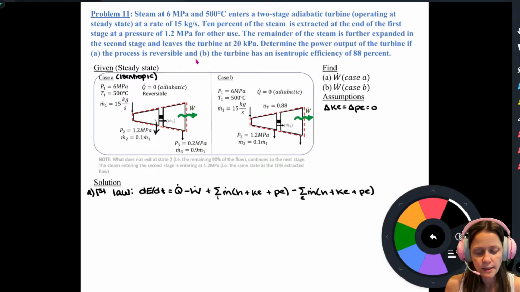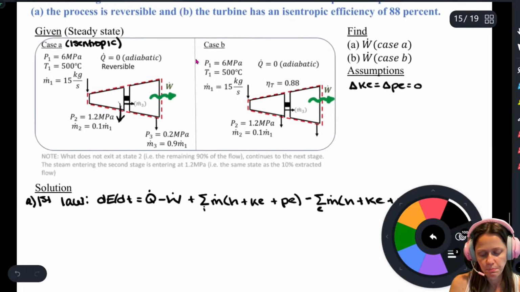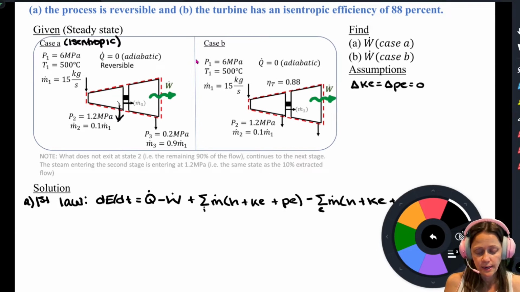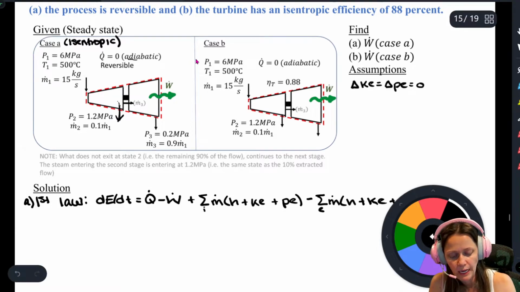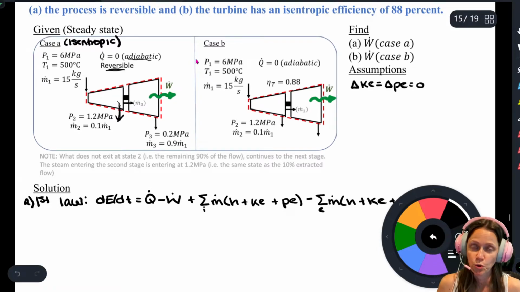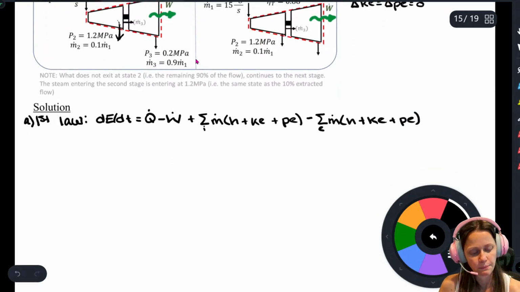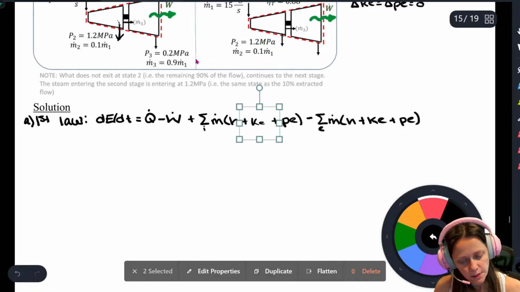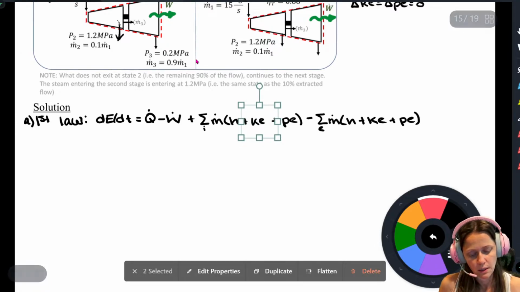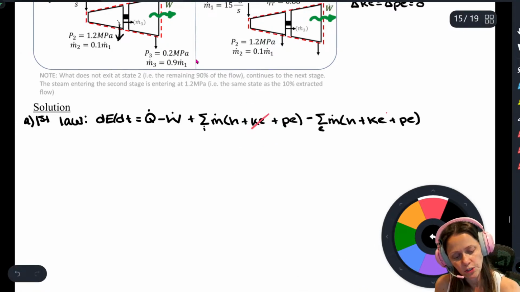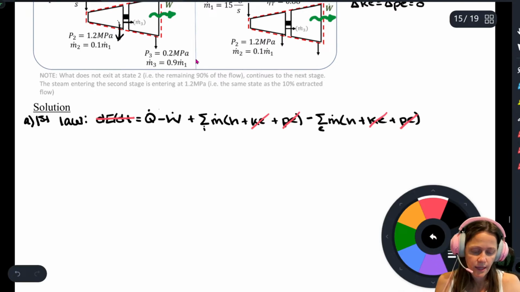The reason that we know that case A is isentropic is because it's both adiabatic and reversible. Those are the words that tell you that it is isentropic. All right, but let's go ahead. Let's ignore kinetic energy changes and potential energy changes. It's steady state. It's adiabatic.